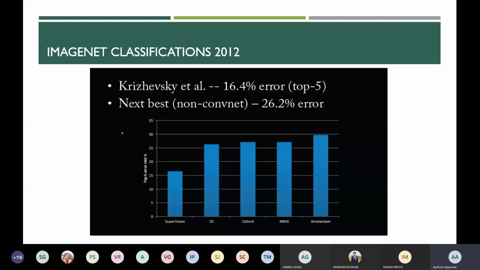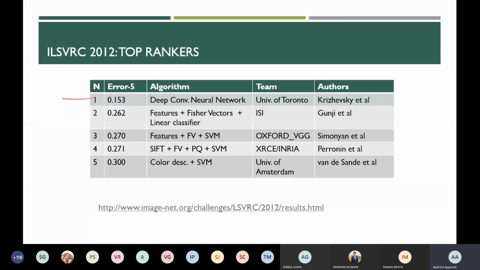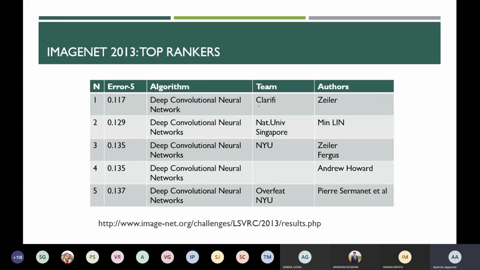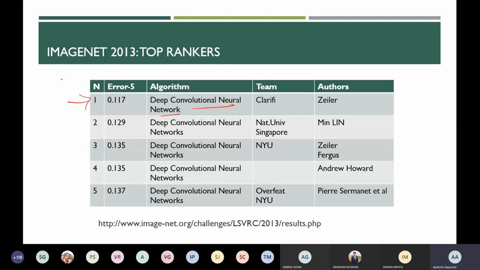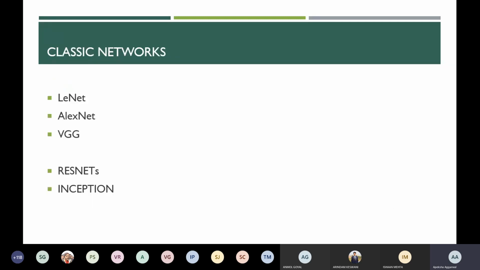In 2012, CNN performed best, by a team from the University of Toronto, for this challenge. Then in 2013 also the convolutional neural network performed best, and so on. After that also, every time CNN performs best on the images. So CNN has extremely good accuracy over images.